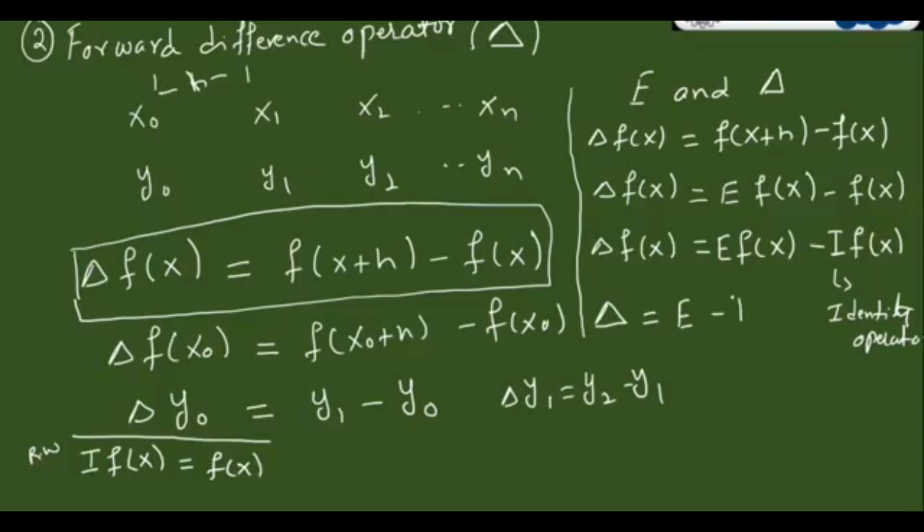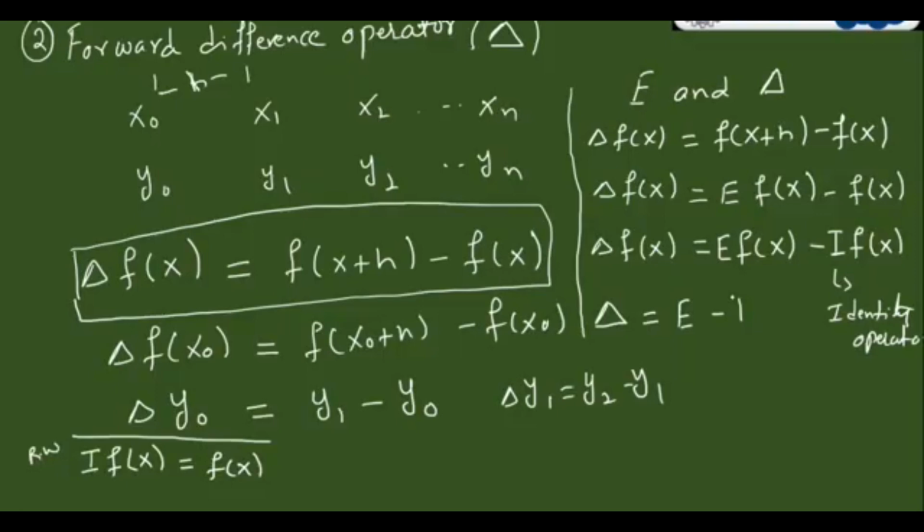If you apply f of x here and f of x here, you can multiply and you will get the same result as above. But I just need a relation between the operators. So I can say this is the relation that exists between the forward difference operator and the shift operator.